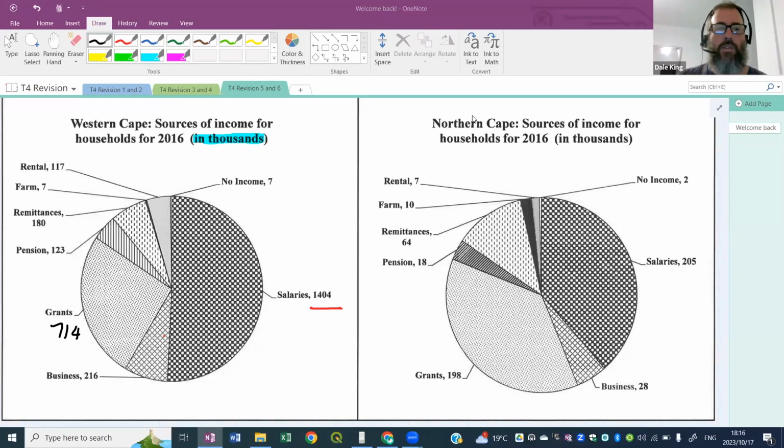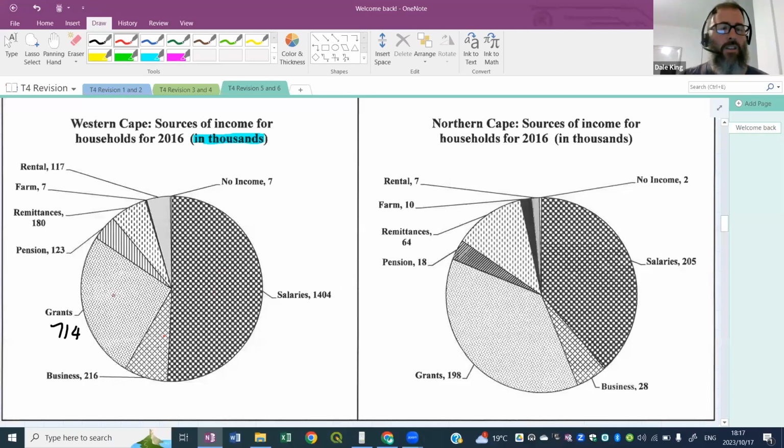Some people are saying business, some people are saying grants. What do the rest of you say? Grants and business, business and grants. Oh, very interesting. So the largest source of income definitely comes from the salaries. That's the biggest piece of the pie, isn't it?